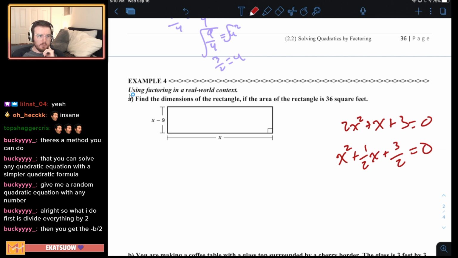All right, so the b over 2, which I've been kind of using, so -1/4.